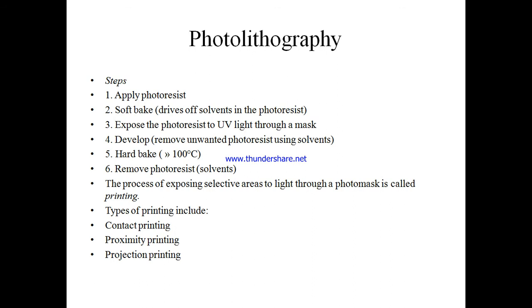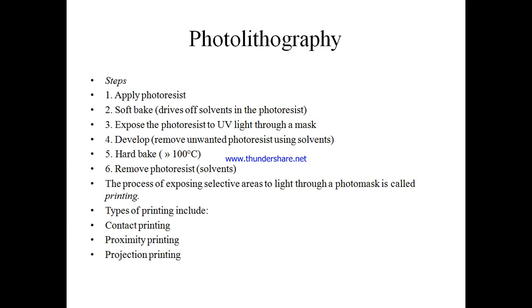Photolithography process. In this photolithography process, first of all, we apply the photoresist material on the surface of the substrate, and the next step is a soft bake, that means driving off solvents in the photoresist, and the third step is to expose the photoresist layer to UV rays through a mask layer.